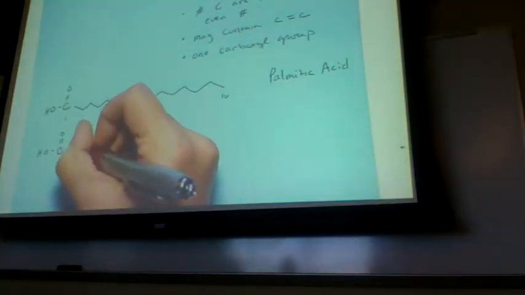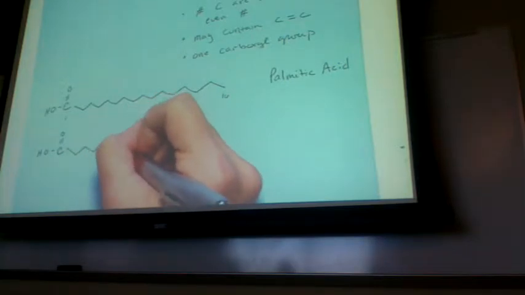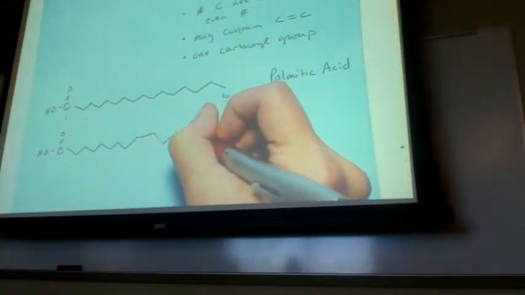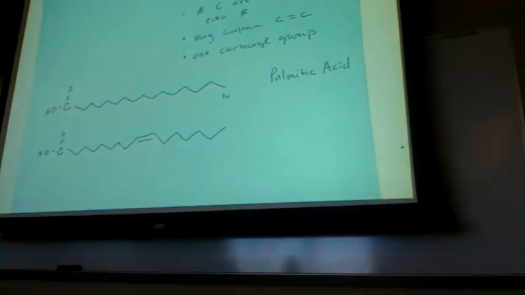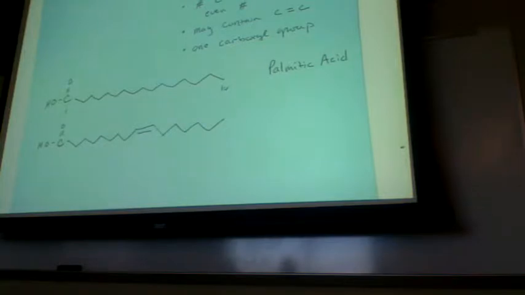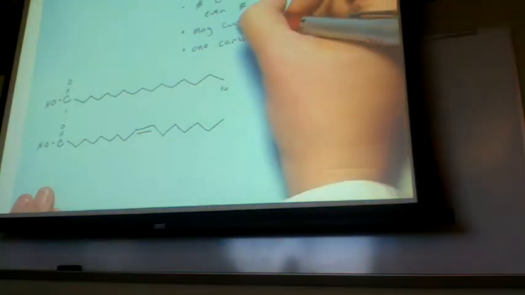Another one, 1, 2, 3, 4, 5, 6, 7, 8, 9, 10, 11, 12, 13, 14, 15, 16. Put a double bond in that one, on carbon number 9. I drew that cis on purpose because those double bonds are usually cis.